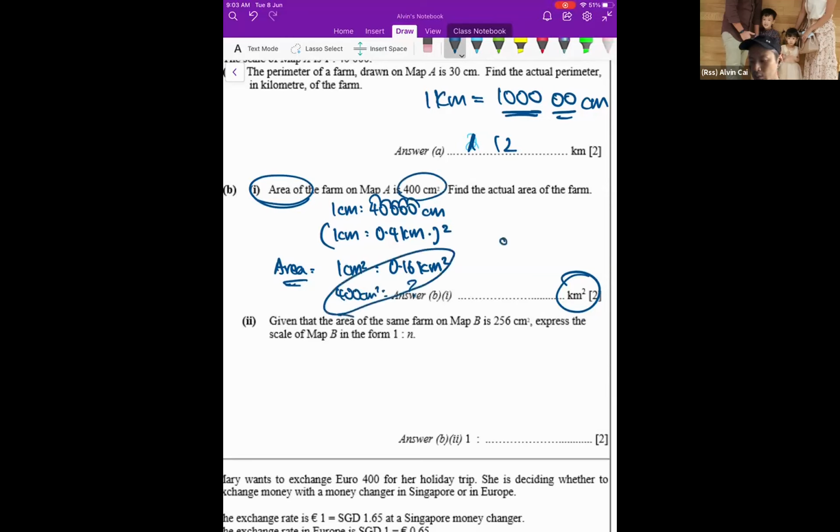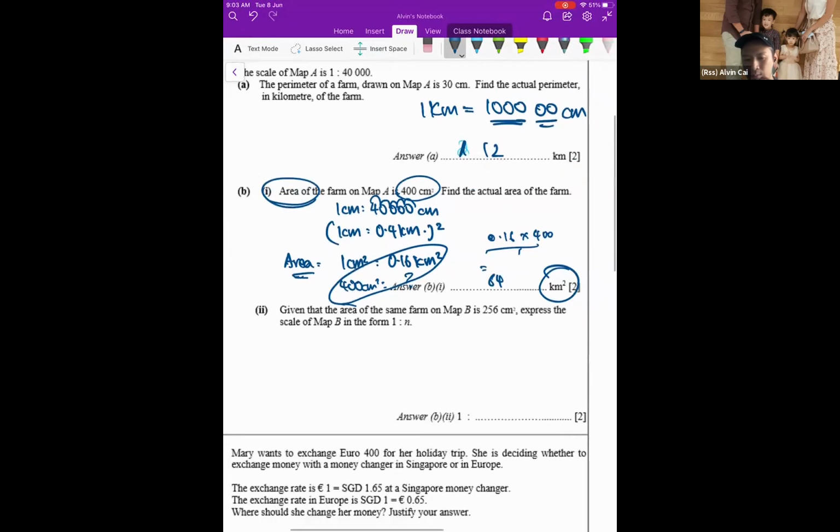So it's 0.16 times 400 divided by 1. That will give you the answer of 64 kilometers square. Just remember this is a topic where you can score really easily, not too hard.